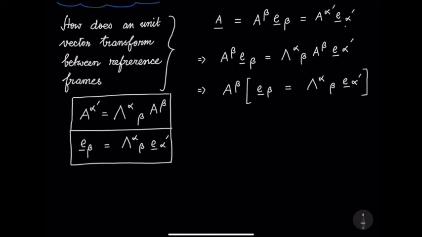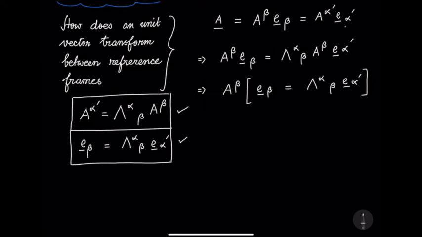Okay, so the 4 components of E beta are related to the 4 components of E alpha prime in this particular way. So this is a linear relation between numbers. This is a linear relation between vectors. So there is a difference, and that difference is manifested if you look at the transformation rules.